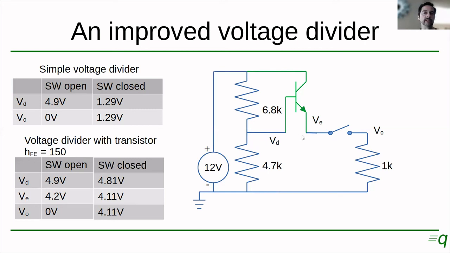Now, the drawback of this, if you want, is that your emitter voltage is 0.7 volts less than the base from the start, okay? But you could adjust these resistors, the 6.8 and the 4.7, to provide an extra 0.7 volts here and to compensate for the drop that you're going to have between base and emitter.